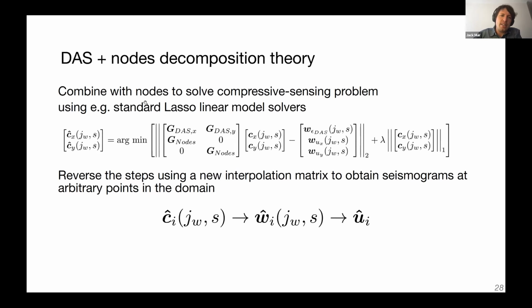And what that gives us is the curvelet coefficients for X and for Y, which we can then just go back up the steps of the algorithm in order to get the time domain records of X or Y at any arbitrary point in the domain. So what we get from this is a representation of the X and Y components of the wave field for a heterogeneous set of data.